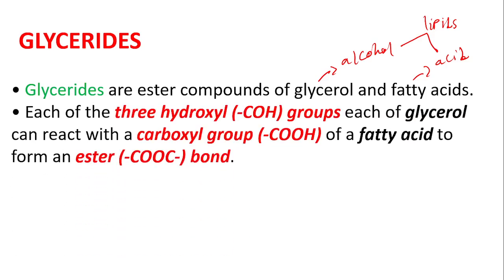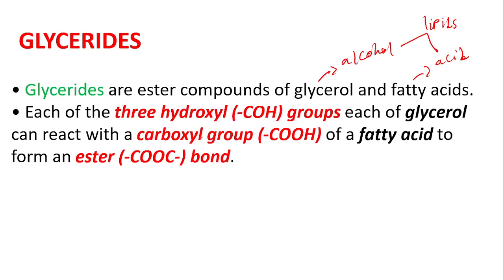And then each of the three hydroxyl groups is able to react with the carboxyl group of a fat acid. At this point, I'm interested in you knowing who is reacting with who. So the glycerol contributes the OH, which is the one reacting there. And then the fat acid is utilizing the carboxyl group.